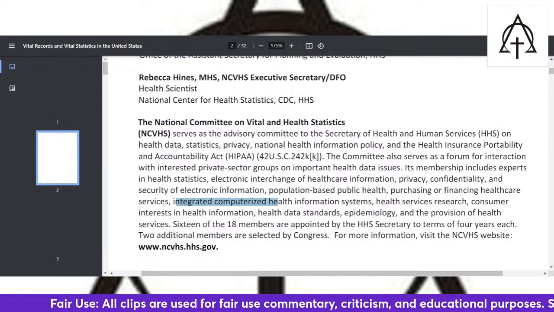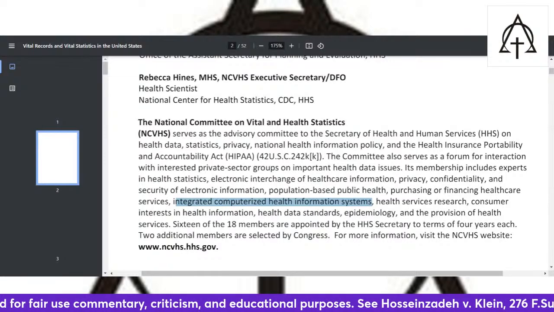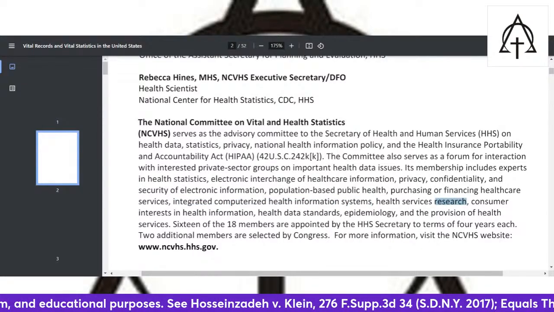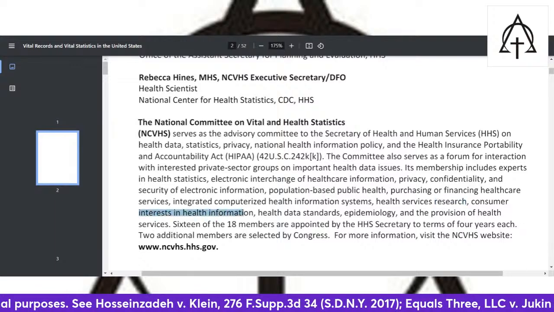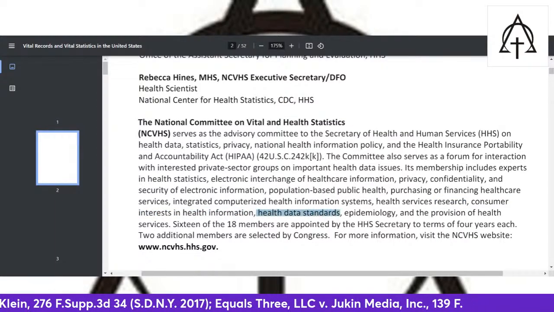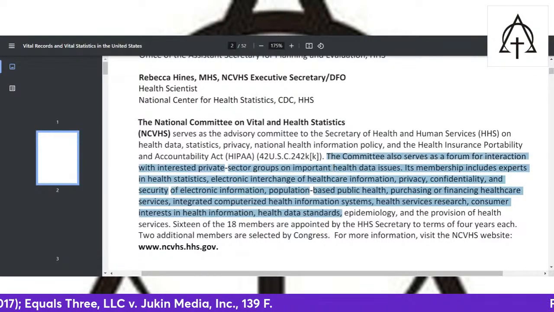Integrated computerized health information systems. Health services research. Consumer interest in health information. Health data standards. This is all informational.